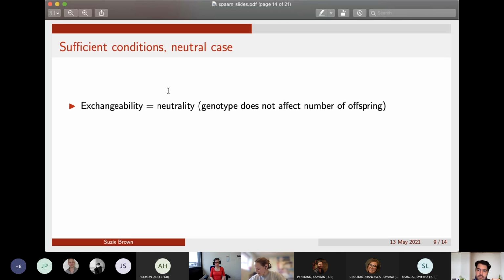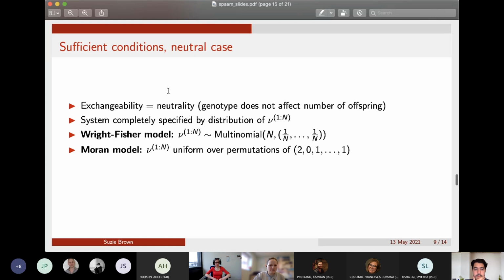But it's a good starting point. And as I said, we have this exchangeability and sort of time homogeneity, so the system is completely specified by the distribution of nu 1 to n.